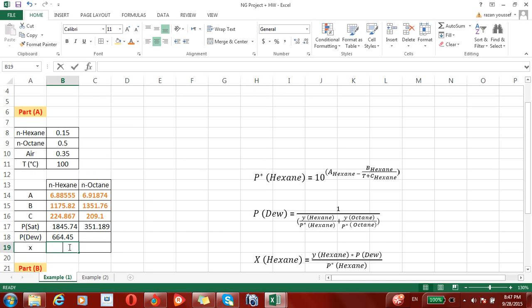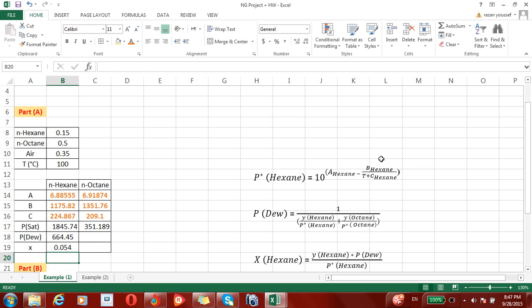And now I want to find the x's for both components using this equation, which is a function of y, P dew, and the saturated pressure. So for the first one, it will be y for the hexane multiplied by the P dew divided by the P saturated for the hexane.